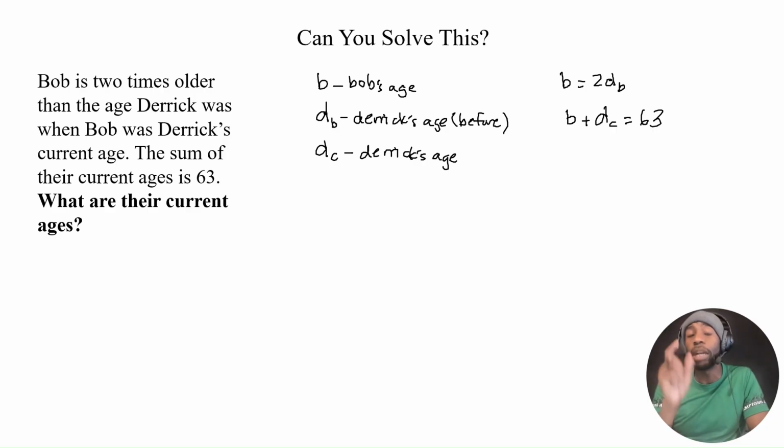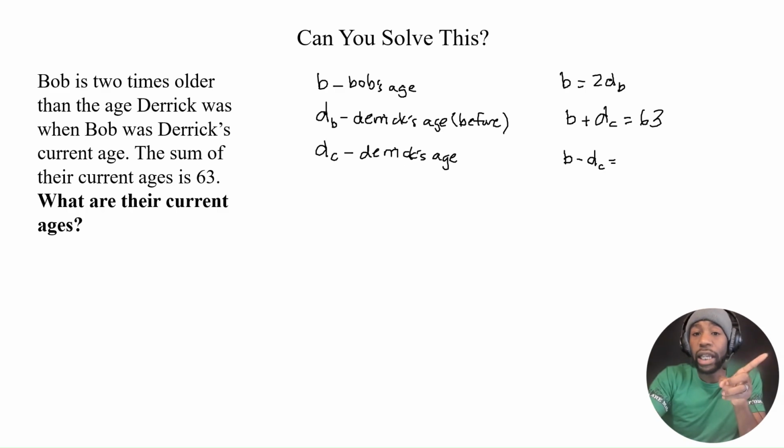So what you can do is set up an equation that reflects that. Okay? So let's think about that. The difference between their ages right now is the same as the difference between their ages before. So let's write that in an equation. We're going to say Bob's current age minus Derek's current age is going to be equal to Bob's past age.